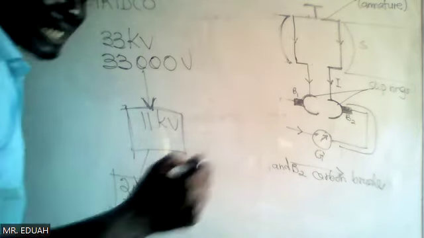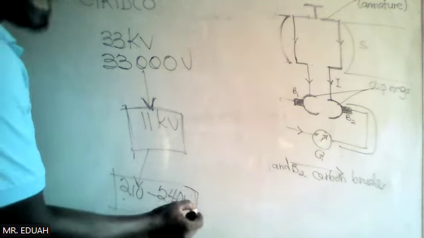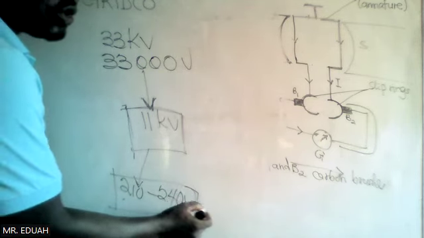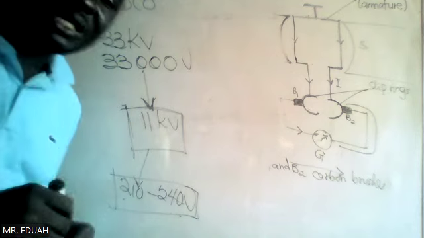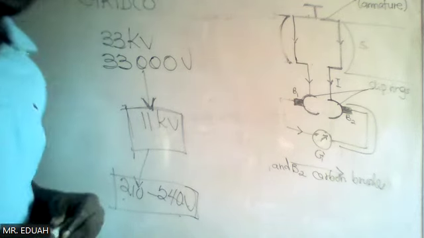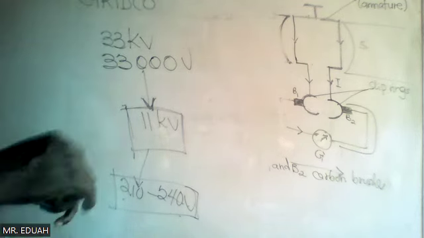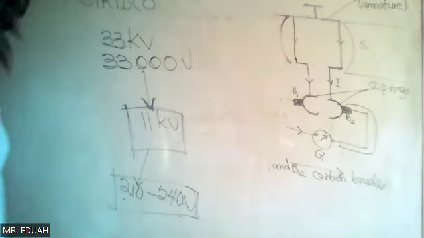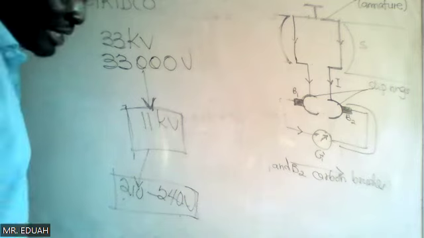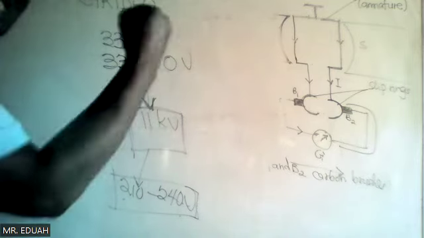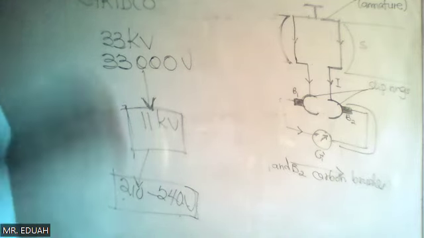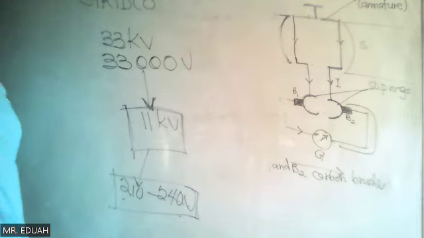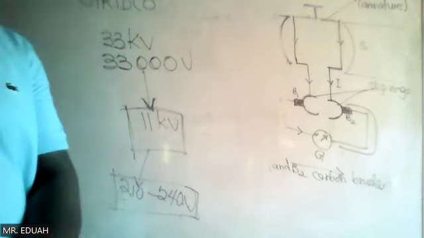The step down transformer would adjust this voltage to the amount that can be used by your device. So AC is the only kind of current that can be adjusted, step down or step up, depending on what you need.